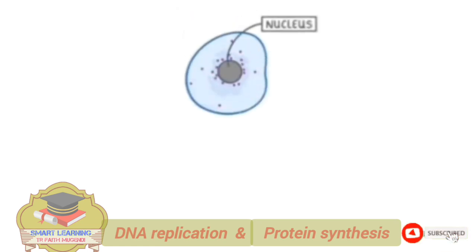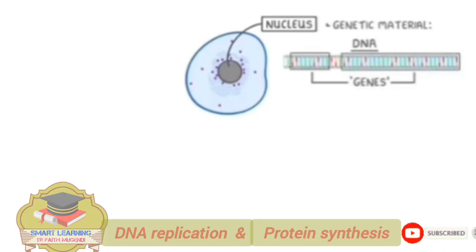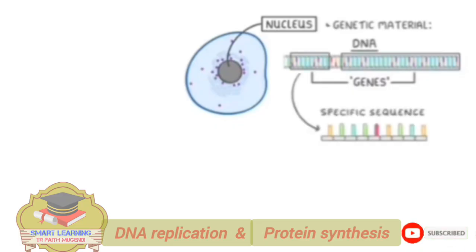In order to make a protein, a sequence of nitrogenous bases has to be read by ribosomes that are found in the cytoplasm, outside the nucleus. As in our previous explanation, because DNA is so long, it can't leave the nucleus.